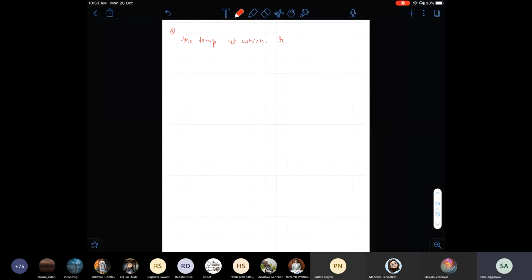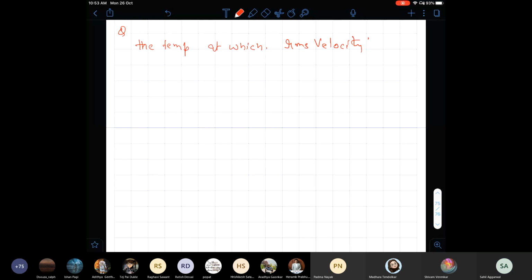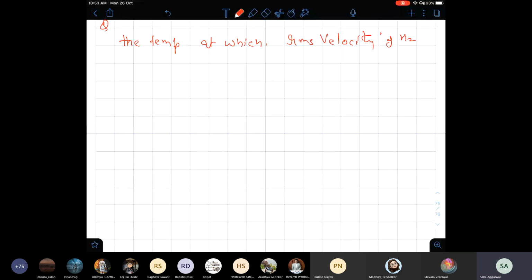Temperature at which RMS velocity of hydrogen molecule become equal to RMS velocity of oxygen molecule at 410 Kelvin.